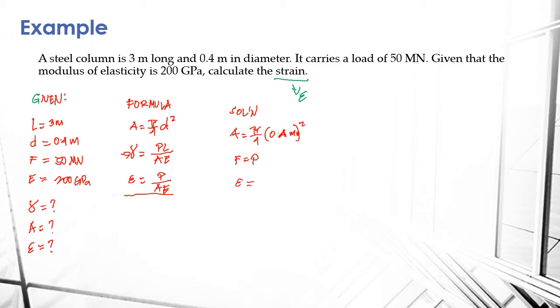Ang P is 50 times 10 raised to 6 Newton over area pi over 4 times 0.4 squared times ang iyang modulus of elasticity 200 times 10 raised to 9 Pascal. So, iyang strain karon is equal to 0.001989, di ba?